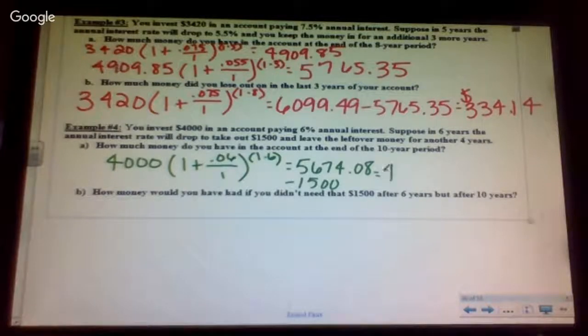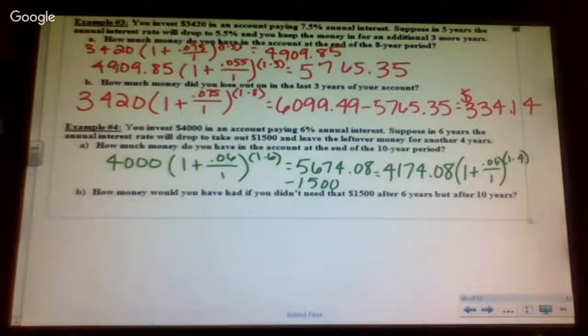So you should have 4,174.08. Okay. So now that money's staying in for another 4 years. So this amount times 1 plus, my rate hasn't changed, and we're doing it for another additional 4 years.